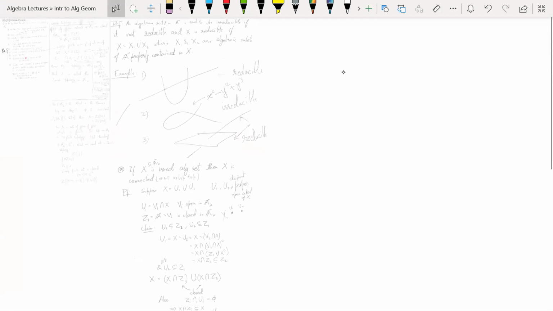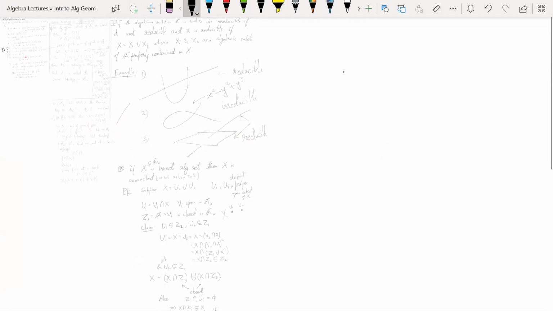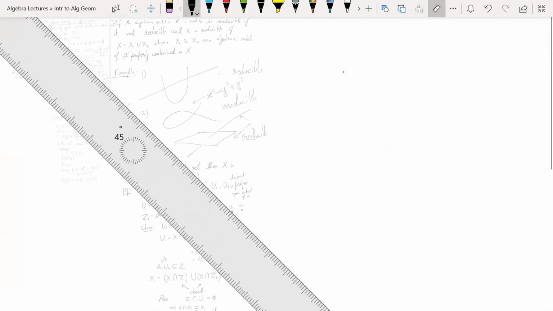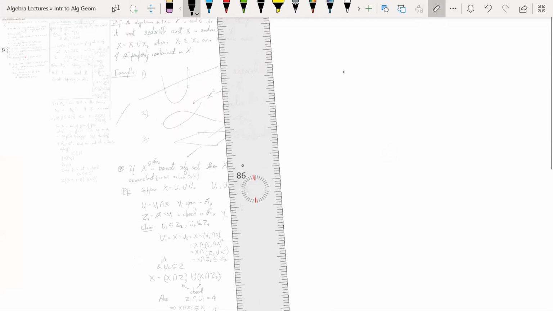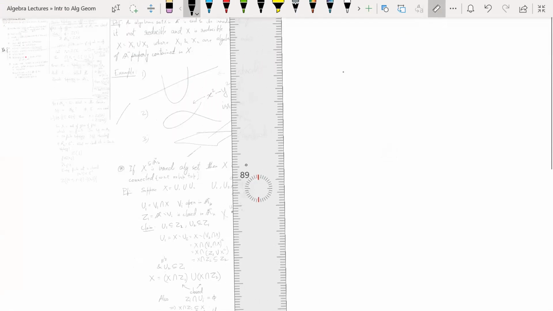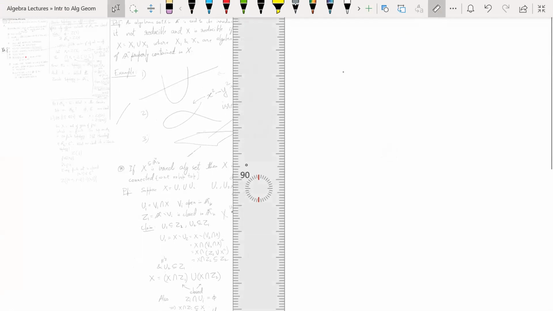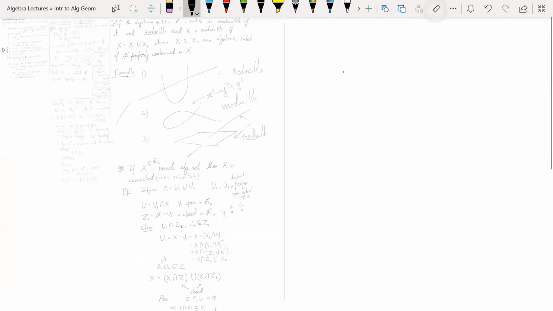Okay, maybe first I'll define affine variety. So an affine variety is basically an irreducible algebraic set with the Zariski topology coming from the subspace topology.